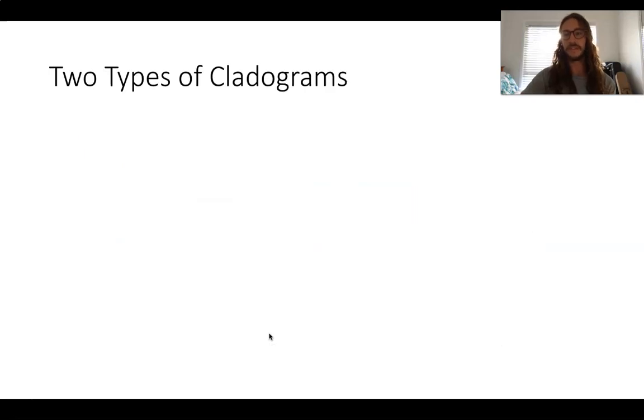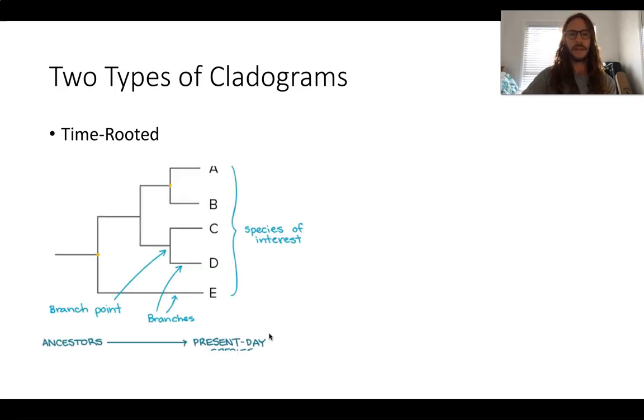They will look differently, and we'll see those in a sec. So the 2 main types, the first one is time-rooted, and it will look something like this. We have various species along the side here, and we have a common ancestor, and then that common ancestor will split into 2.